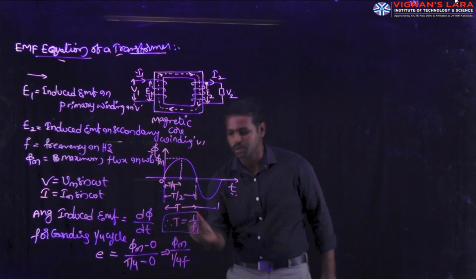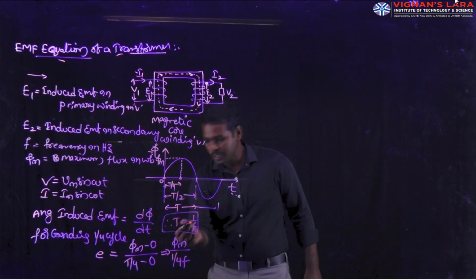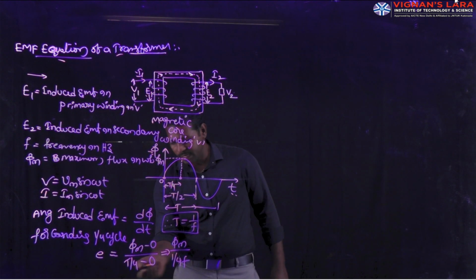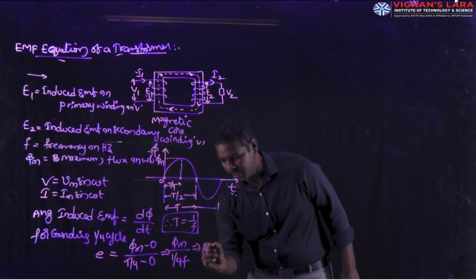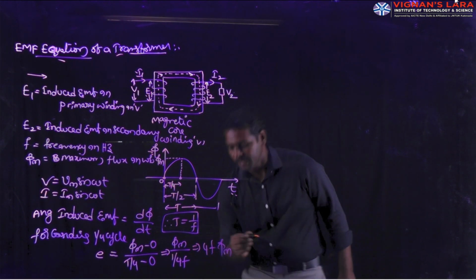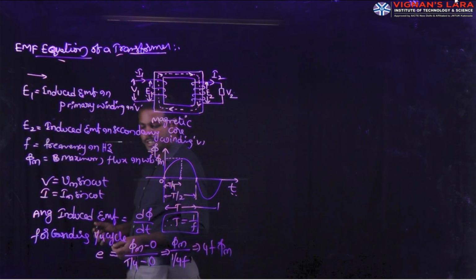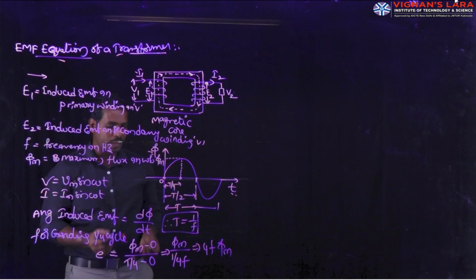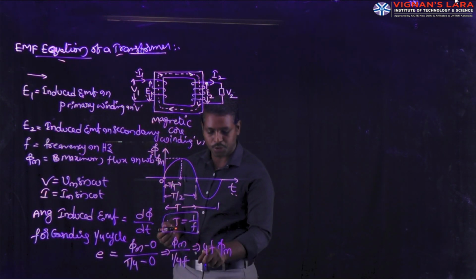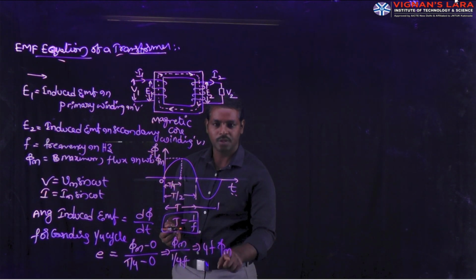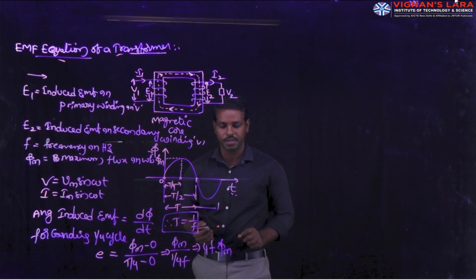Substituting in place of t, we get 1 by 4f, so e is equal to 4 into f into phi m. This is the average induced EMF per conductor or per turn, equal to 4 into f into phi m.